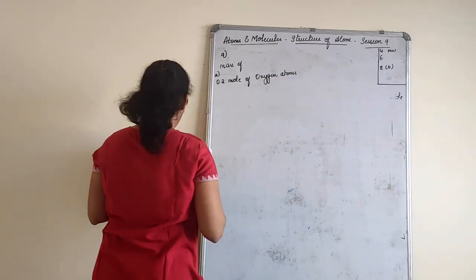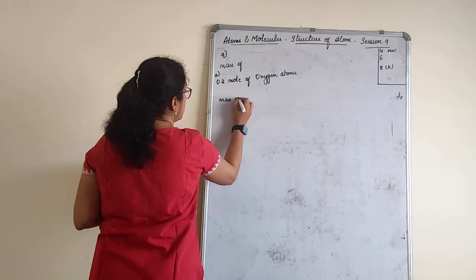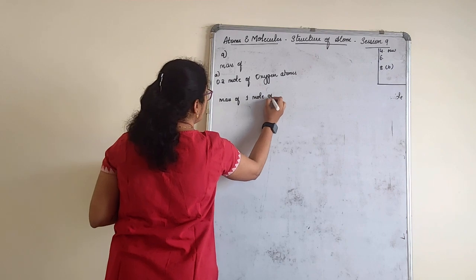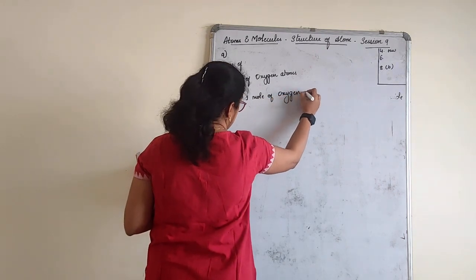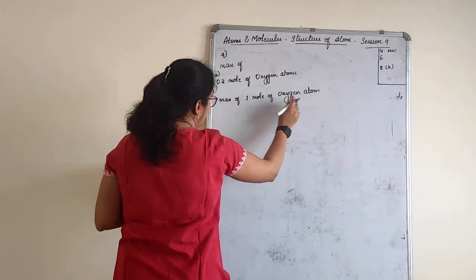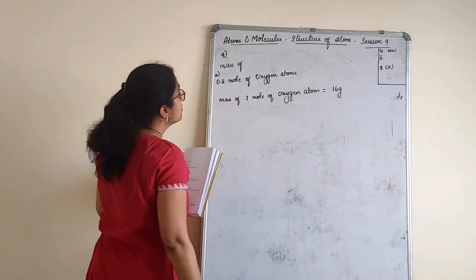We know that mass of 1 mole of oxygen atom is equal to 16 grams, right?